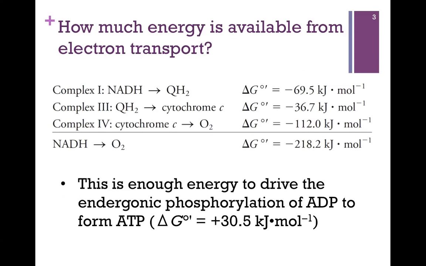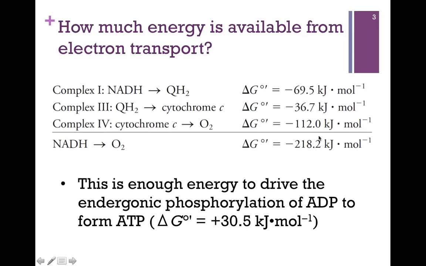Remember, as we pass those electrons with the reduction potentials from each component in our chain, from complex 1, starting with NADH, through complex 3 to complex 4, so in other words, our electrons are going from NADH to O2. In each step of that process, we release free energy.